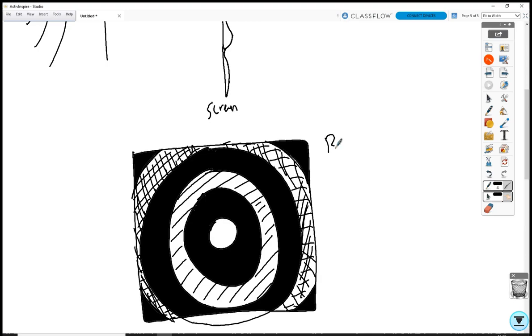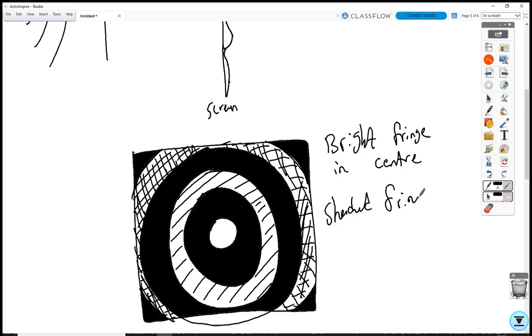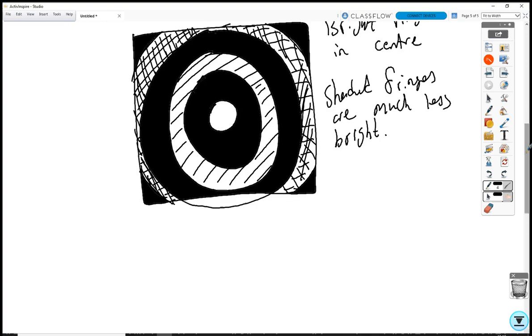So you've got your bright fringe in middle, and the shaded fringes are much less bright. So this is called the airy disk.